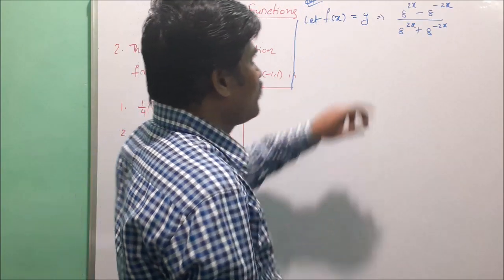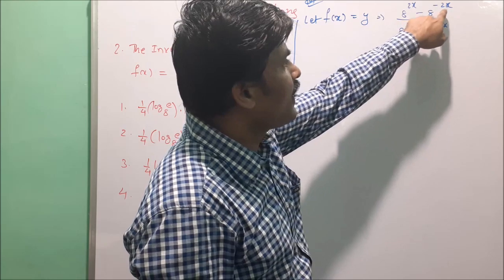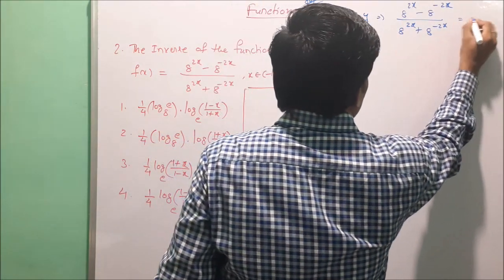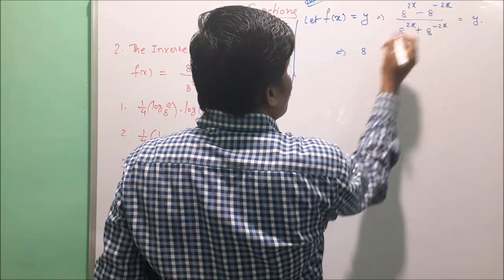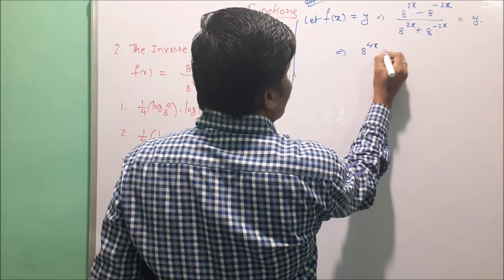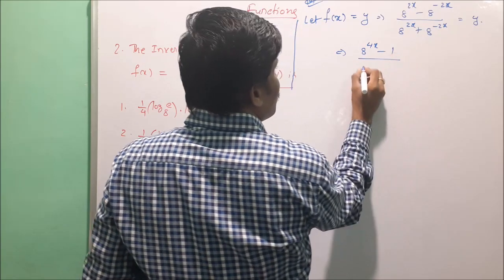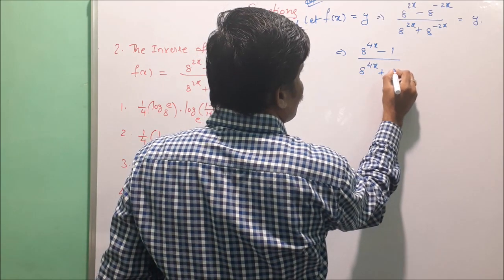Now here divide both numerator and denominator by 8 power minus 2x. Now here which equals to y, 8 power 2x by 8 power minus 2x, that is 8 power 4x minus 1 by 8 power 4x plus 1.